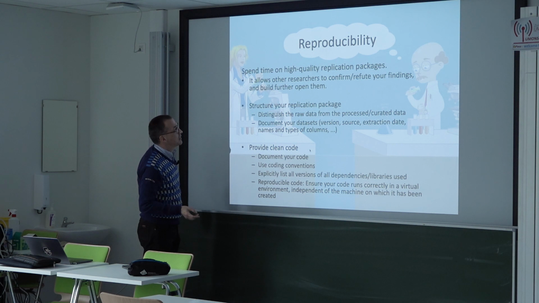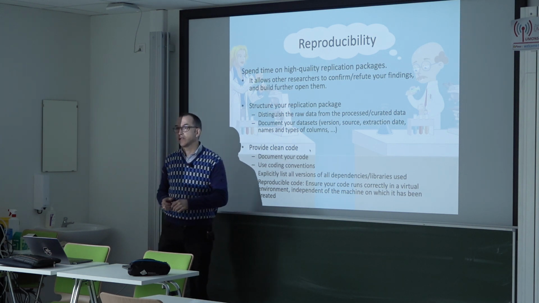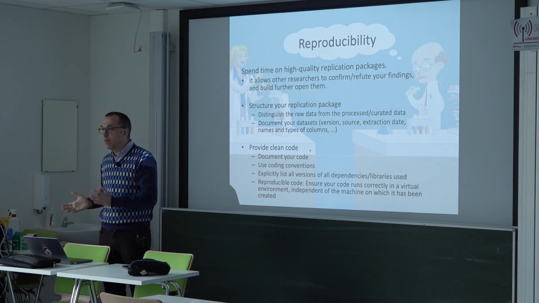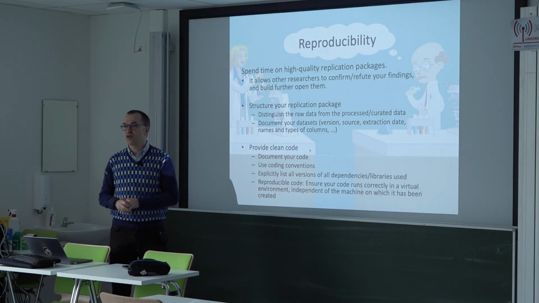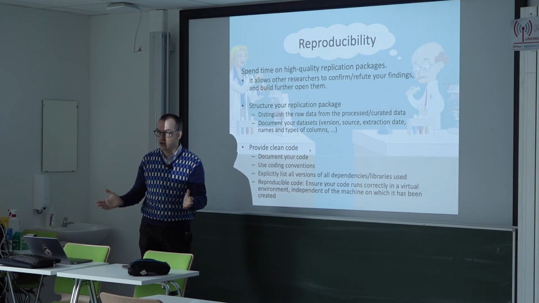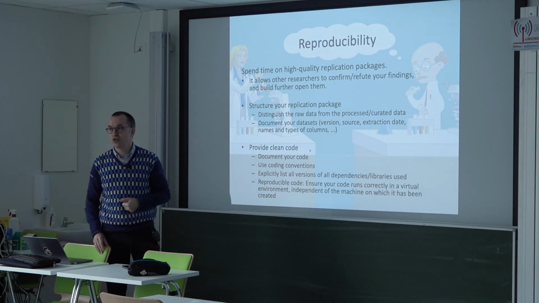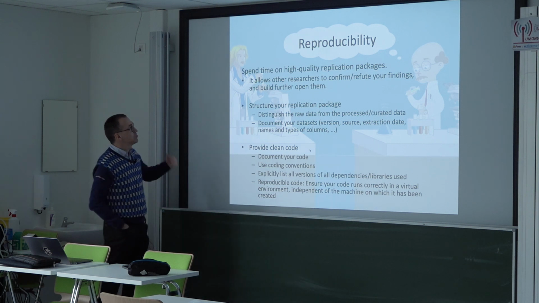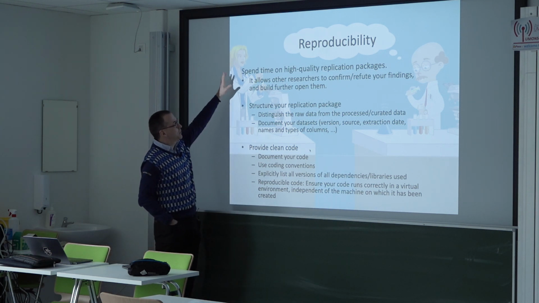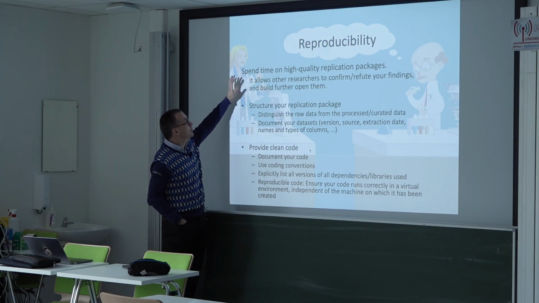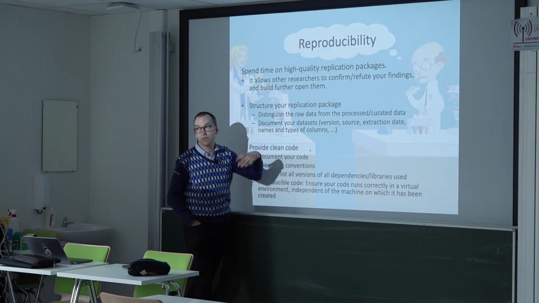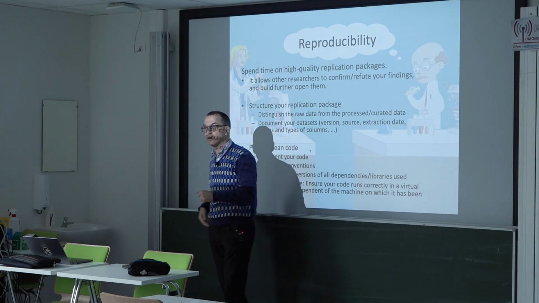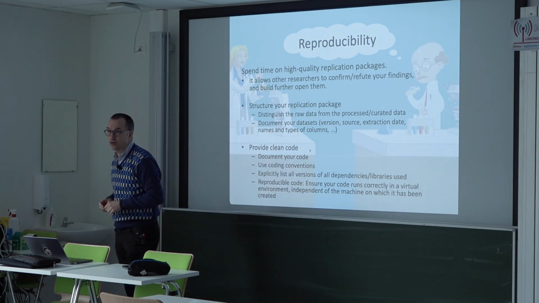Replication packages are something that helps someone else to reproduce your research. In my domain it's easy because a replication package is simply a software package. If you're doing research on a specific machine, I don't think you can package the machine and give it to someone else. But something that provides all of the information that allows someone else to repeat your findings and see whether whatever you did is correct and can be confirmed or refuted if it's not correct.